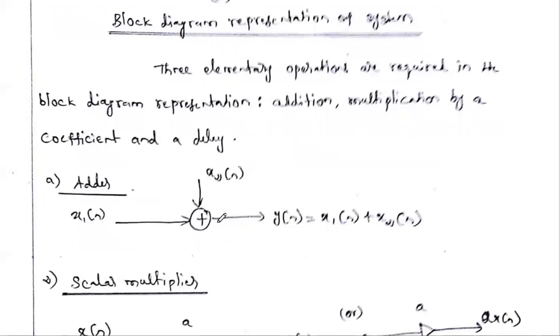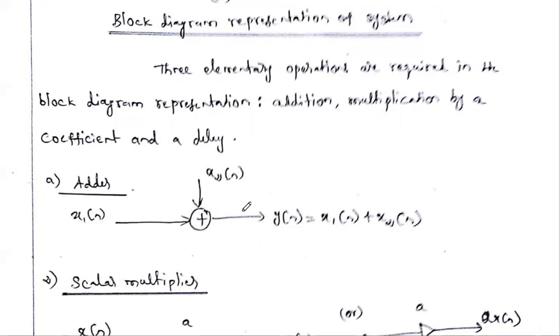The adder may also be called a summing junction, summer, or subtractor. For an adder we have to give at least two inputs. Since this is discrete, the inputs are represented by x1 of n and x2 of n.